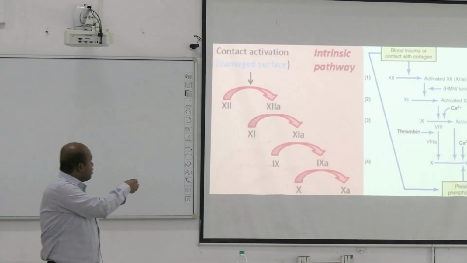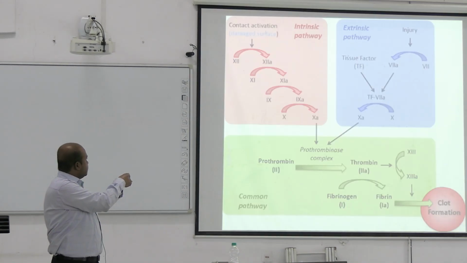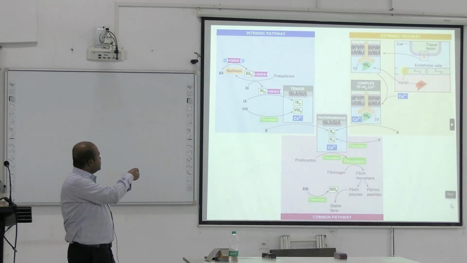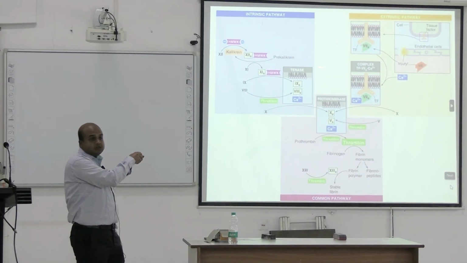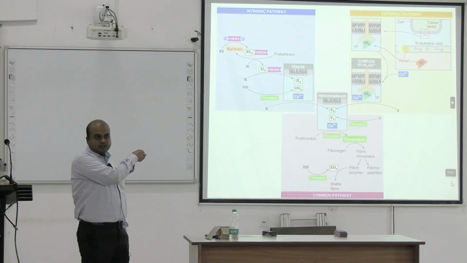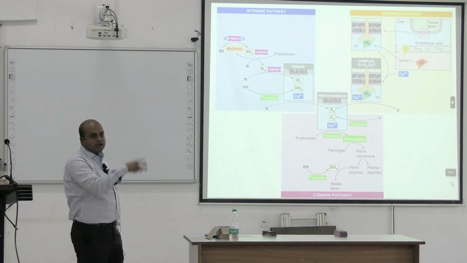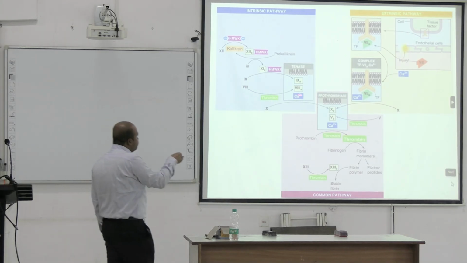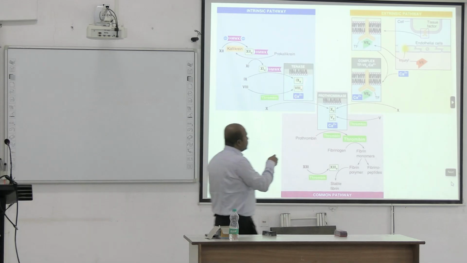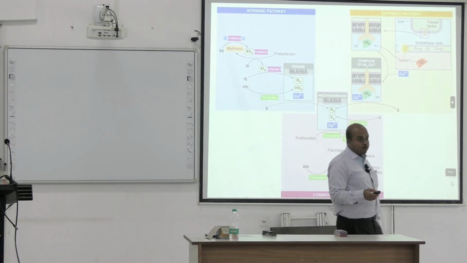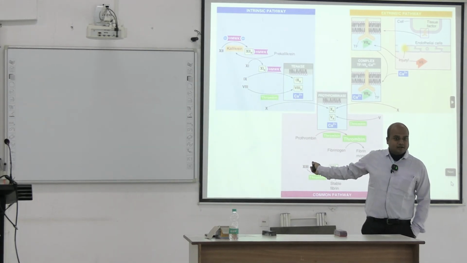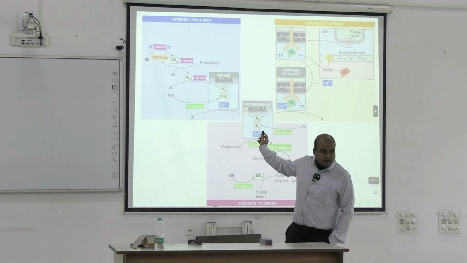Then they form complexes. In the intrinsic pathway, there is something called the tenase complex. After activated factor 9 is formed, and factor 8 to 8A by thrombin, together 9A, 8A, calcium plus platelet phospholipids, which is the last one in that list, constitutes the tenase complex.